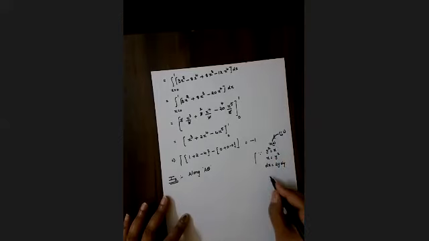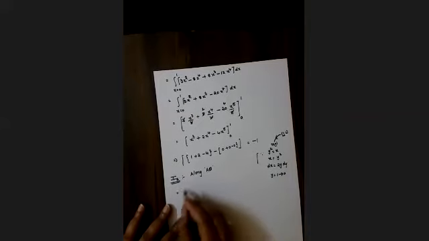This is 1 comma 1, 0 comma 0. Along this direction y varies from 1 to 0. Now we'll write that plane equation in terms of y from 1 to 0.